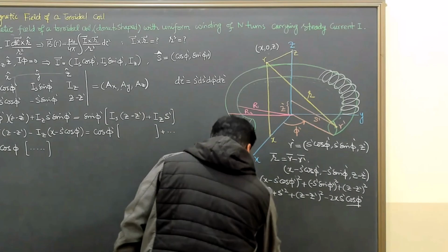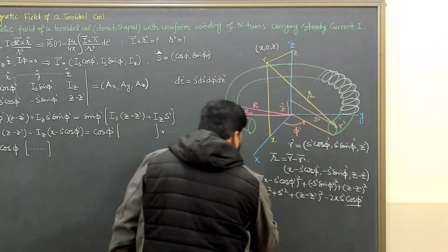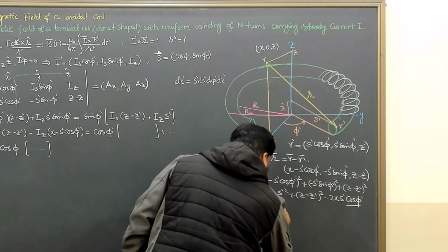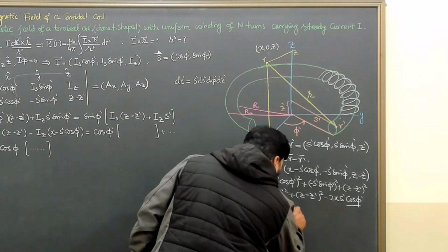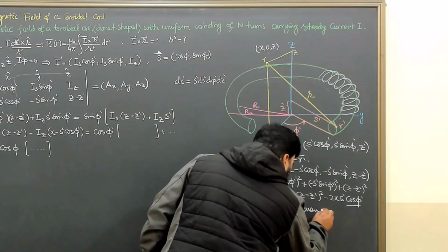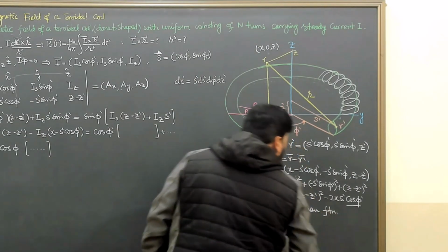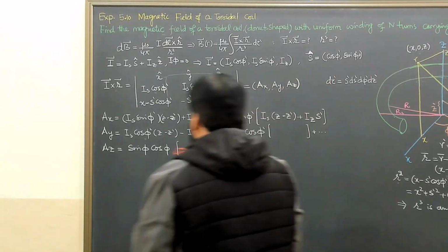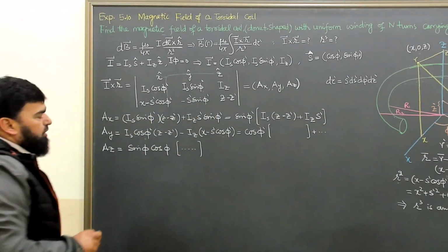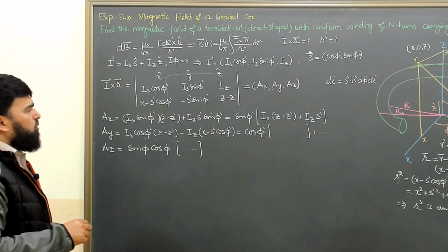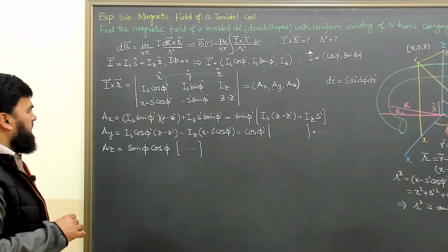So this implies that r square is an even function and r cube is an even function, part of that even function. And now look here, going into the integration, what we will get basically here.